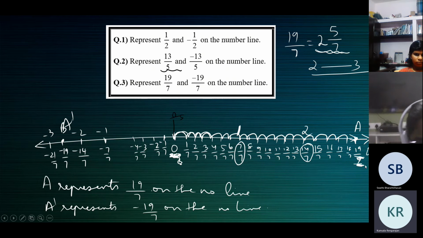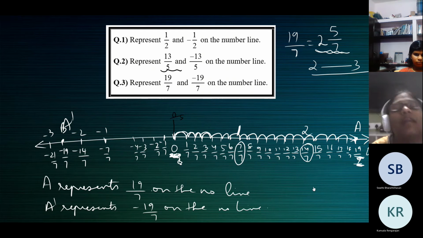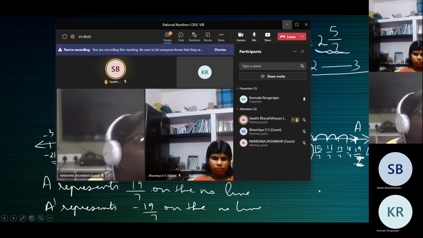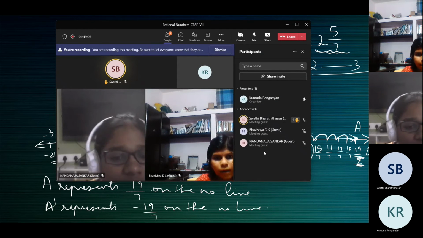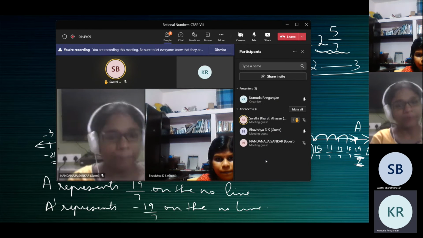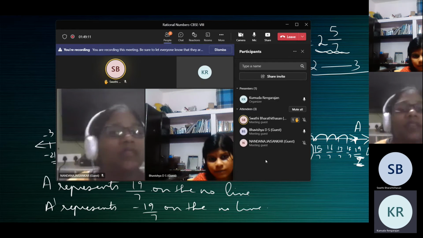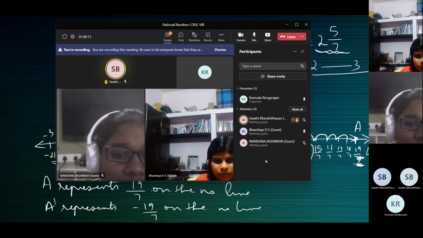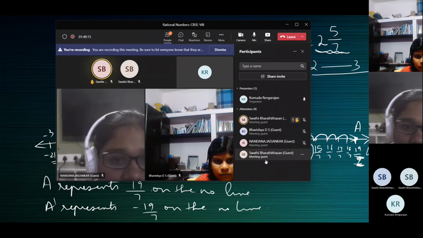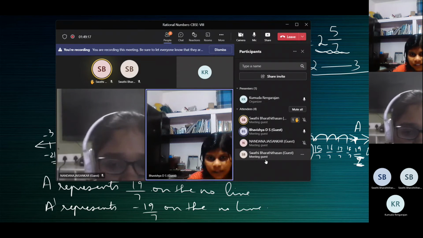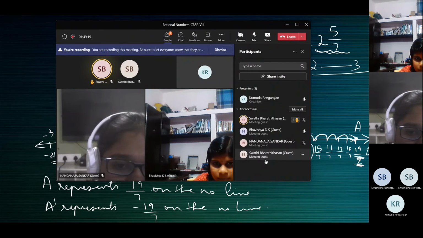Is it understood, children? Understood? Bhavishya, Nandana, Ritika is not there. Swati, have you understood? Yes, ma'am. Understood, ma'am. Why Swati from 2 different devices?